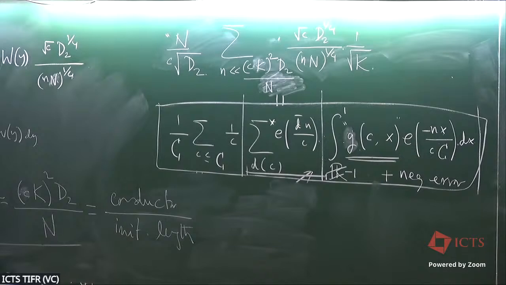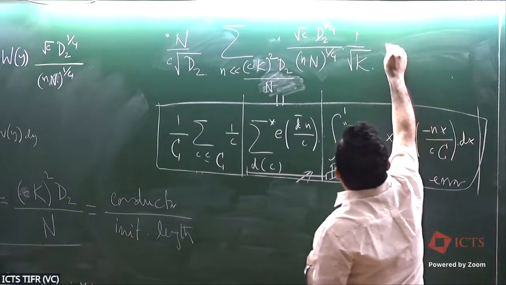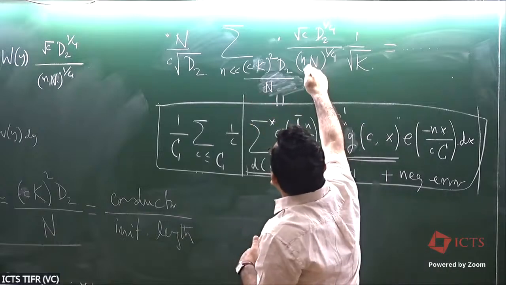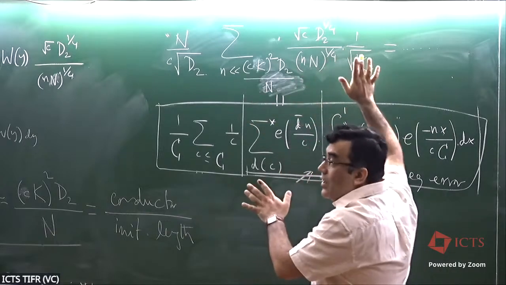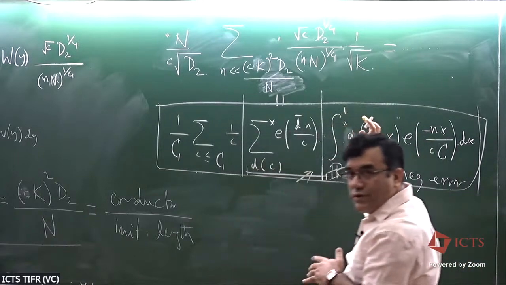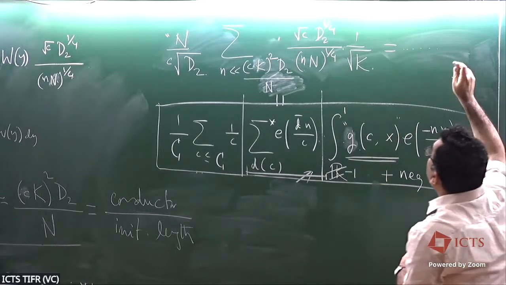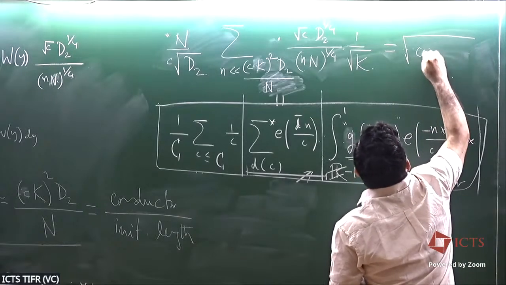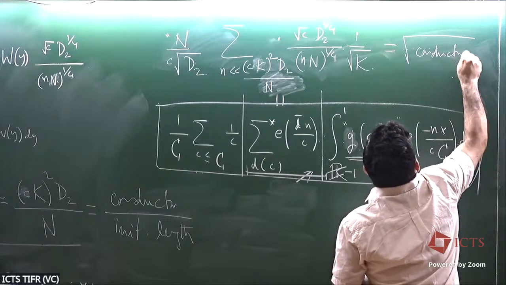Okay, and if you do the computation, you have to do the sum over n with this n to the power 1/4, right? And then if you compute, you will see that this side is of size square root of the conductor. So we'll get this.